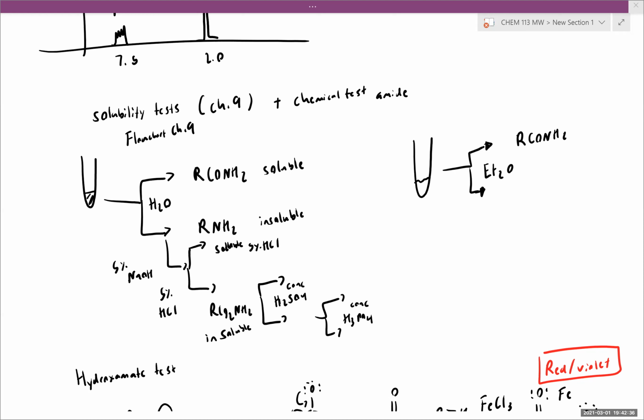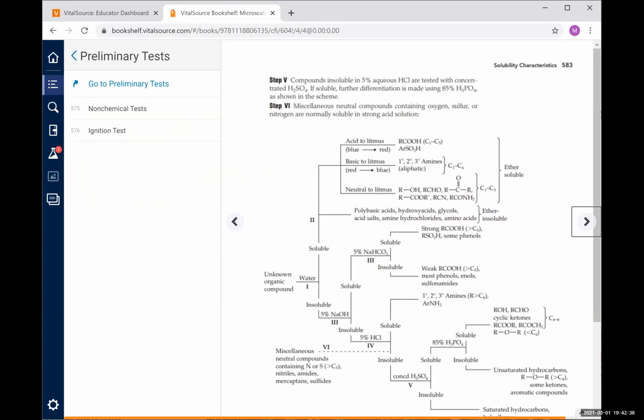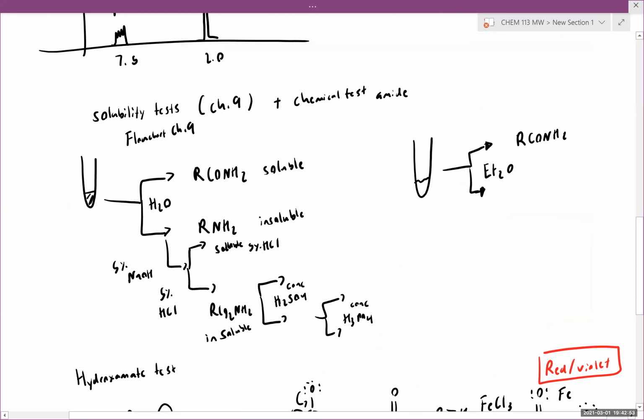We see in general that amides are ether soluble. The other thing I want you to note is that after we note water solubility, we're also going to be testing the pH, and we know that amides in general are litmus neutral in solution.